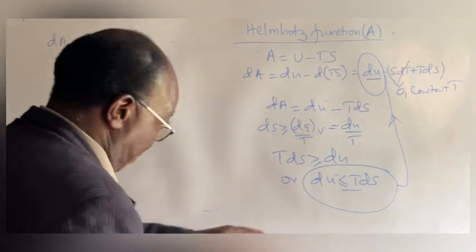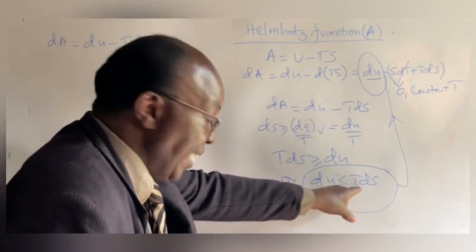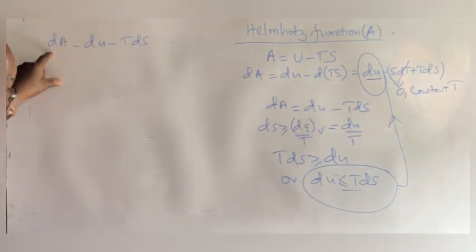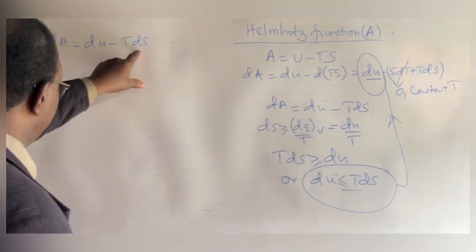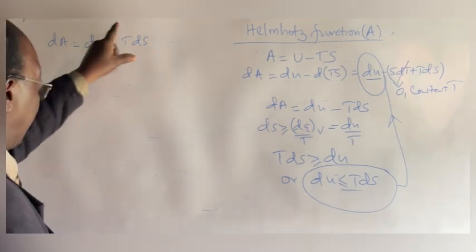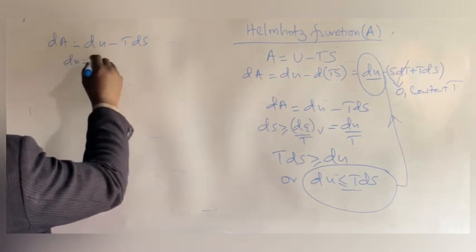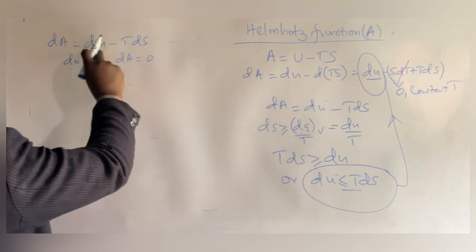So when dU is less or equal to T dS: if dU is equal to T dS, then dA is 0.